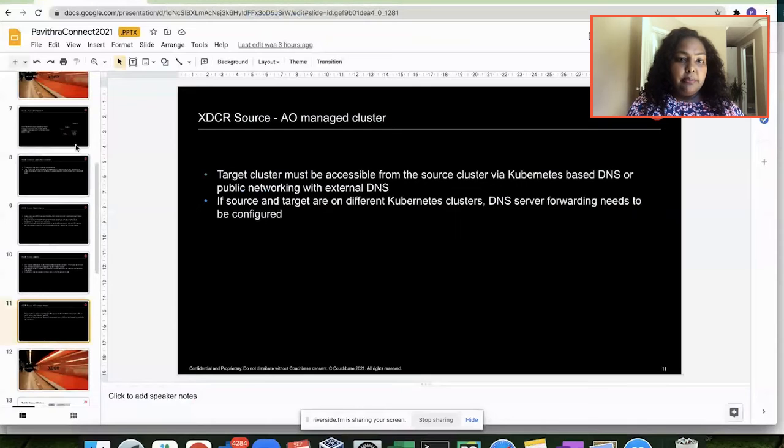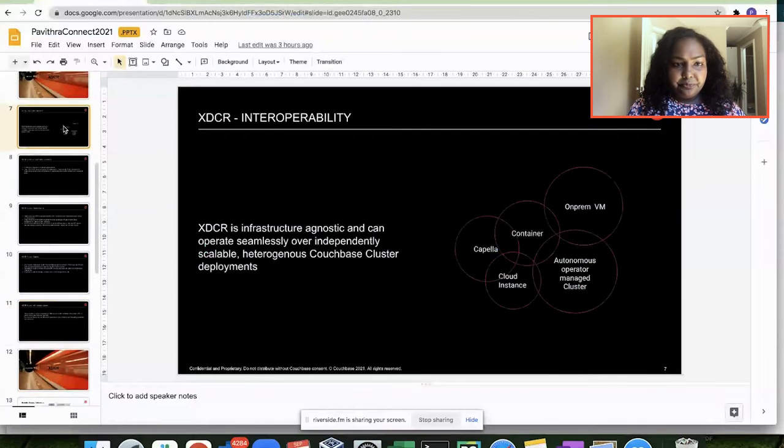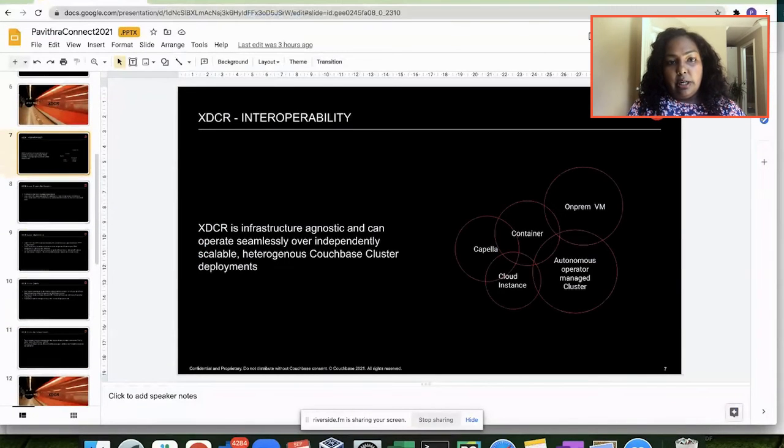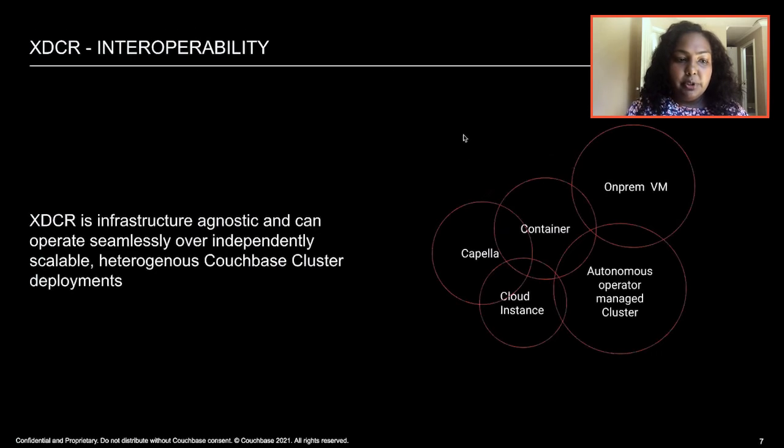So these slides and the setups that we went through just now are talking about XDCR interoperability. So we are able to set up XDCR in an infrastructure agnostic manner.